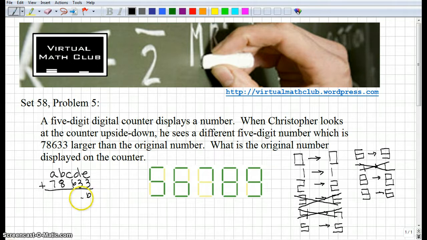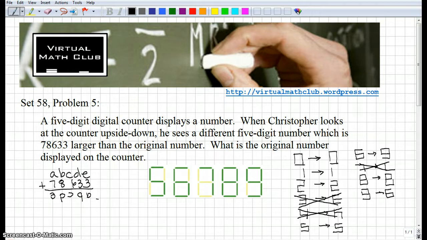So there's an A upside down. Here's a B upside down, a C, a D, and the E upside down. Alright, so the first digit of the original number has to look like the last digit of the upside down number, only turned upside down, right?